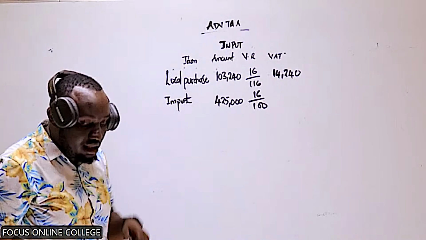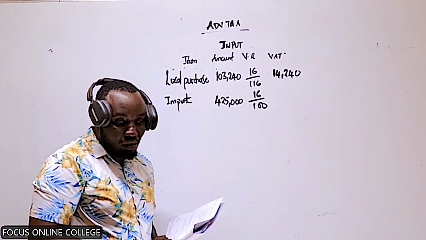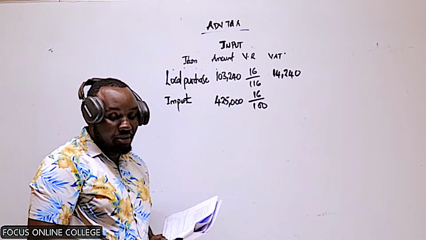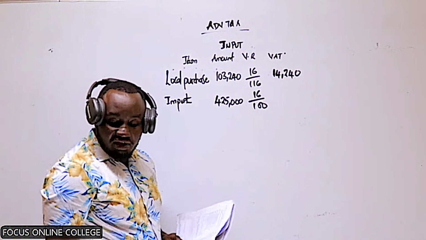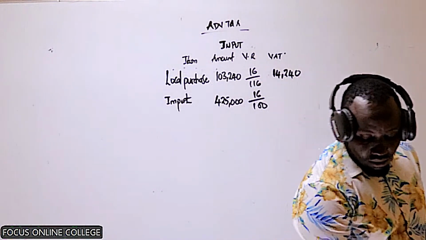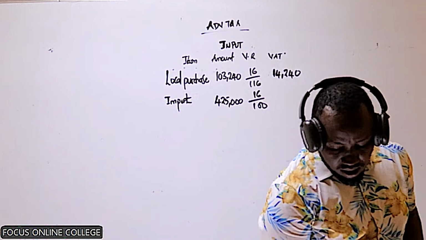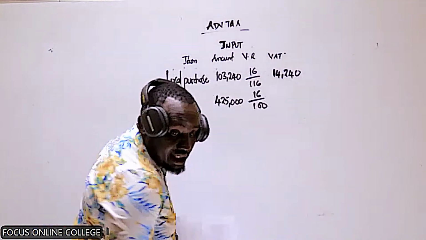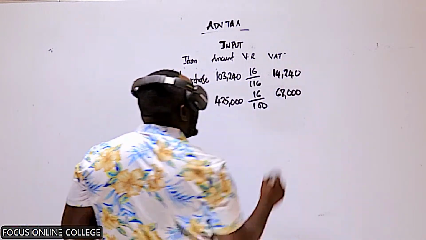So what is the value of that? 16 over 100, what do we have? So that should be 68.